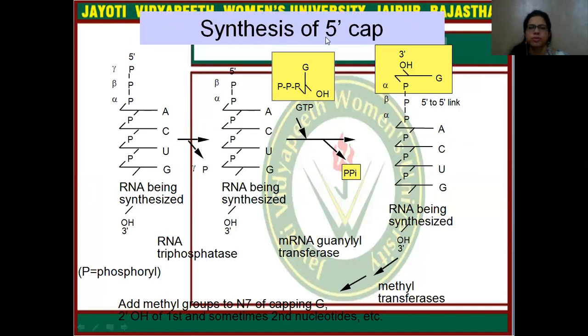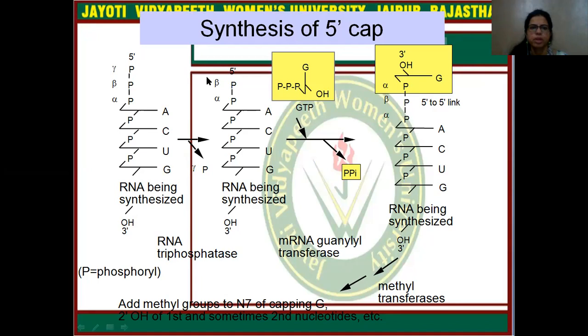How is the 5' cap synthesized? First of all, RNA is being synthesized, with the 5' end and the 3' end. Now this region comes in, and GTP is added along with hydrolysis of the GTP.